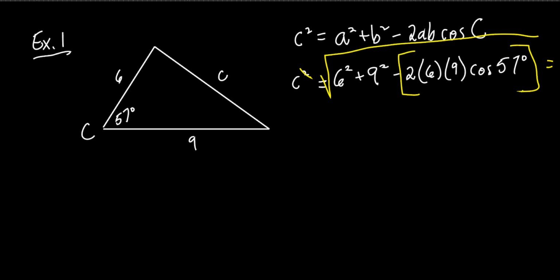Cosine 57. Now, what am I going to have to do after the 57? See that first parentheses after the 7? That just closes the 57. But now I want to put another parentheses to close that whole bracket. Are you practicing this on your calculator?